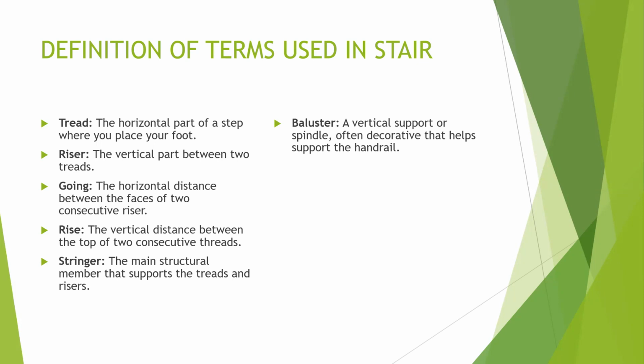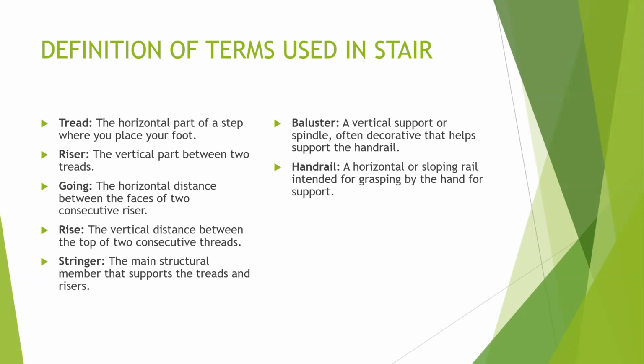A lot of people confuse the baluster, the balustrade, and the handrail, but today we are going to throw more light on it. So just as I have said, a vertical support or spindle that helps support the handrail is what is called a baluster. The handrail itself is that horizontal or sloping rail intended for grasping by the hand for support.